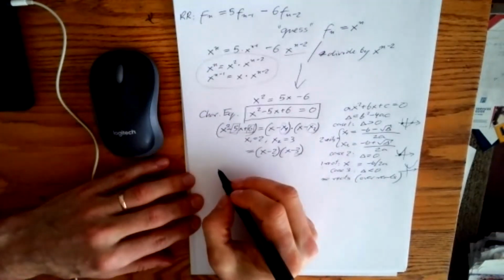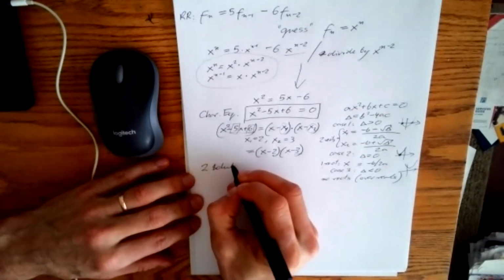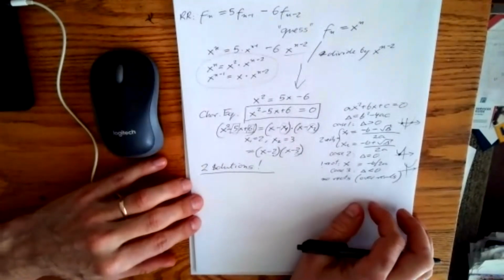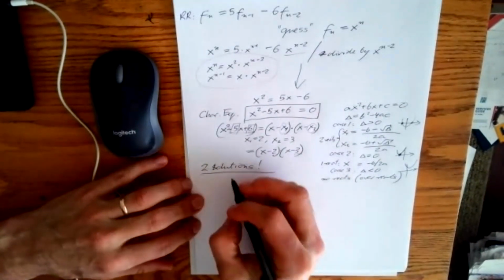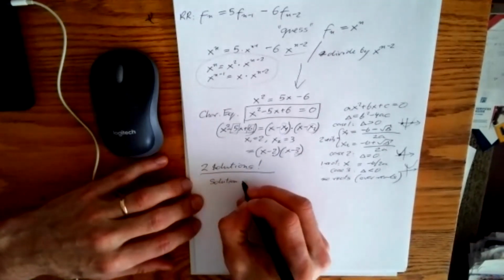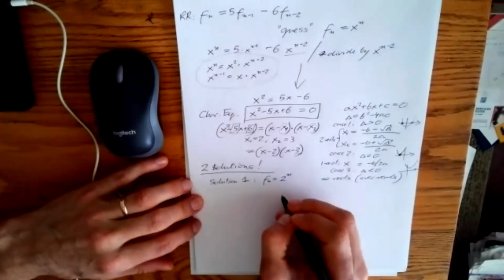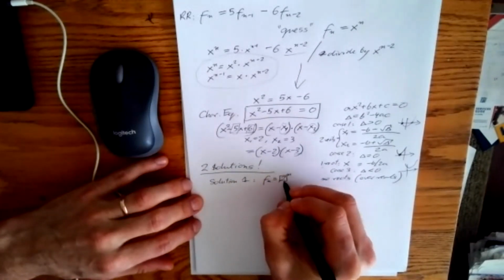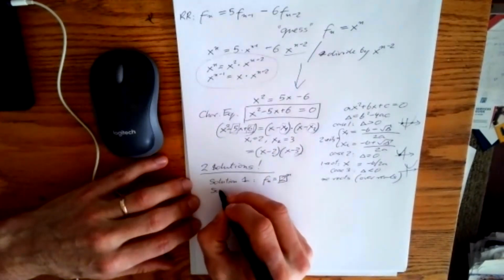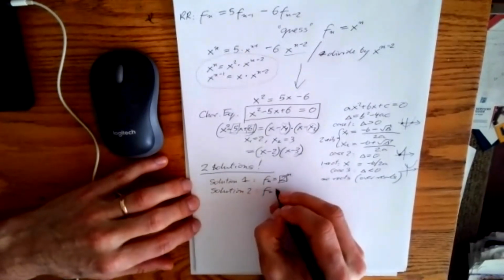So it turns out that you have two solutions, which is kind of weird, right? Solution 1 is f n is 2 to the n. So this is our basis of exponentiation. But oddly, there is a solution 2, which is f n is 3 to the n.